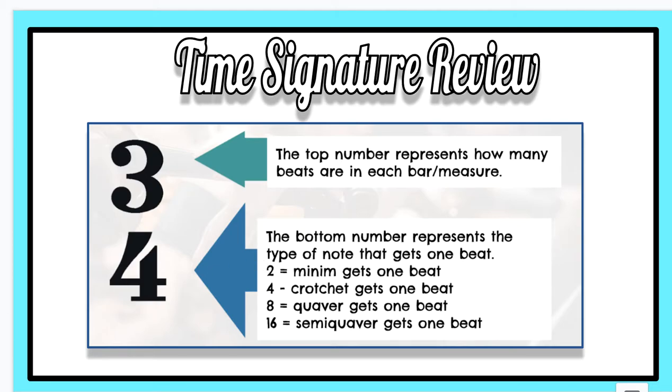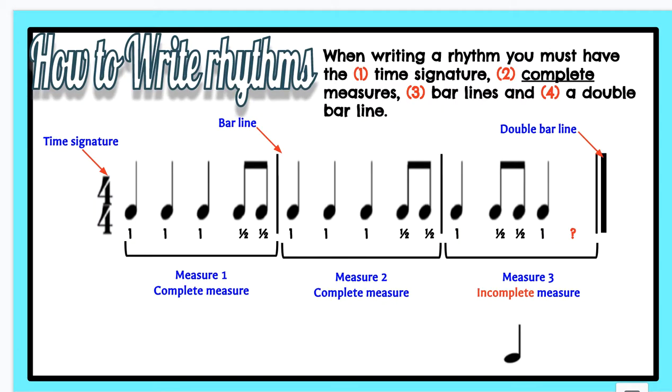So I referred to the word bar or measure, right? So let's take a quick look at that. Now you've been writing rhythms, and I want you to keep in mind that when writing a rhythm, you must have these 4 things. Number 1, the time signature. Number 2, a complete measure.